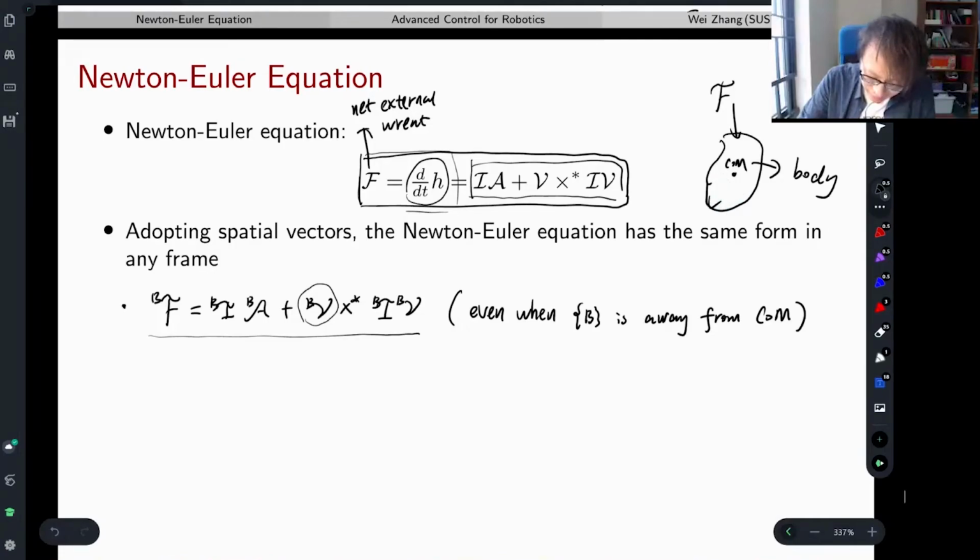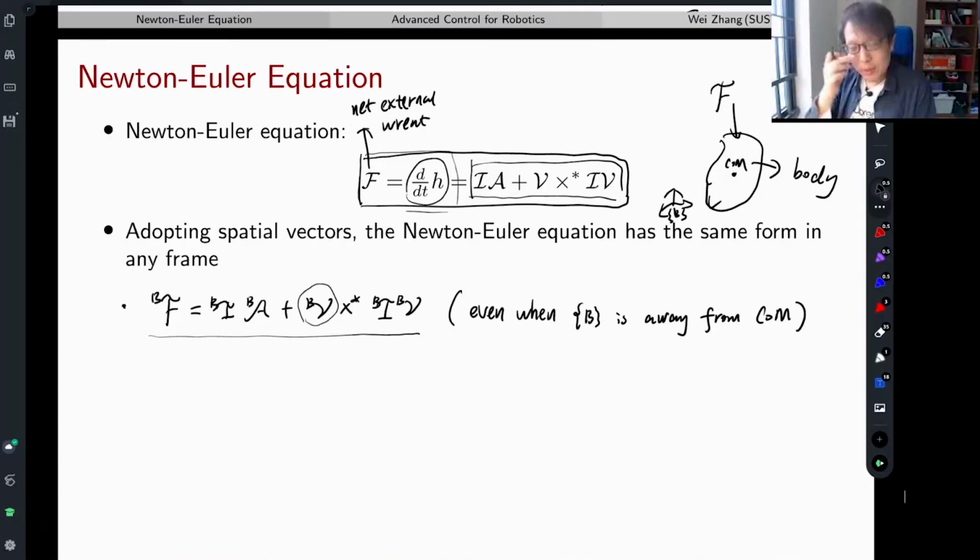Let's say maybe here is my B frame. My B frame can even represent the inertial frame, that's fine. So the body is moving, and B may or may not be moving.